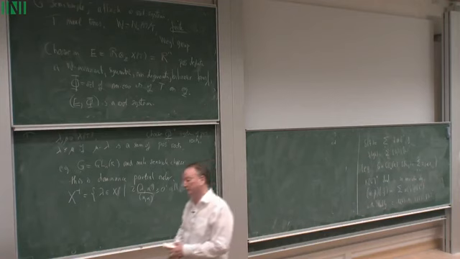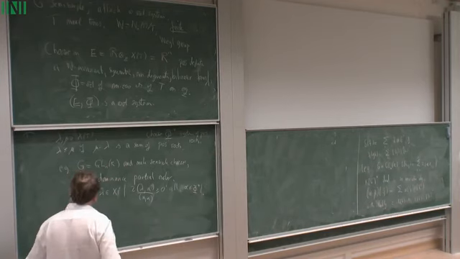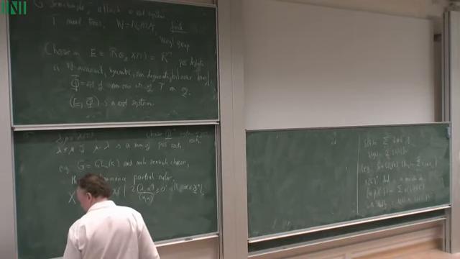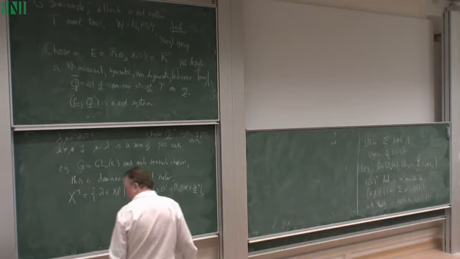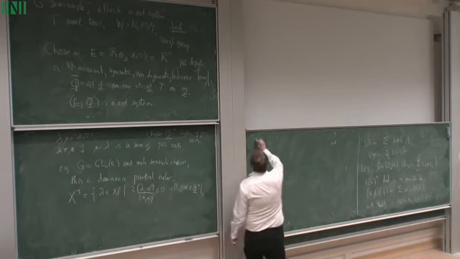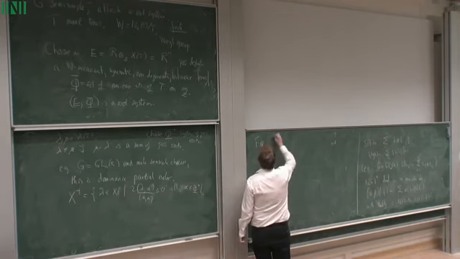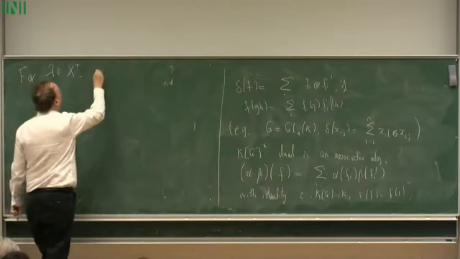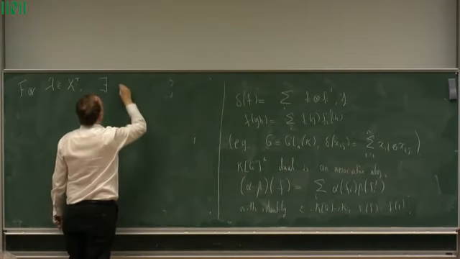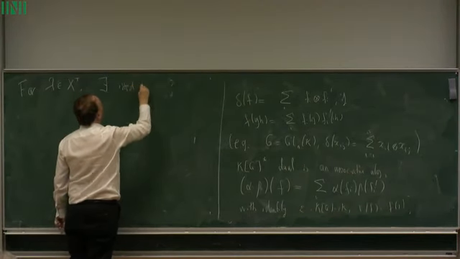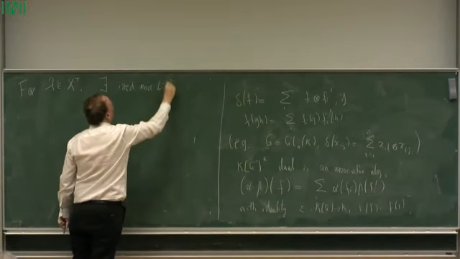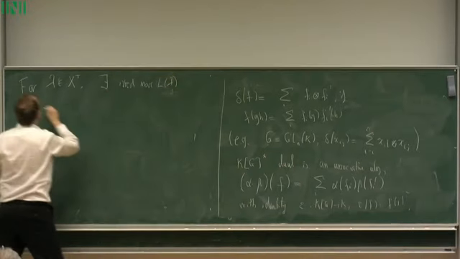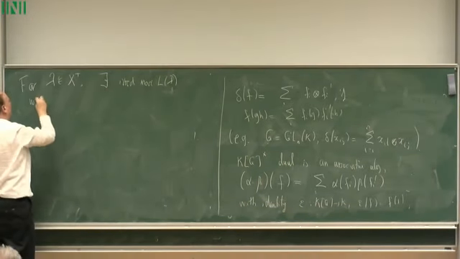And of course, for groups over the complex numbers, it goes back much further, but it goes like this. For lambda a dominant weight, there exists an irreducible module L lambda with highest weight lambda.